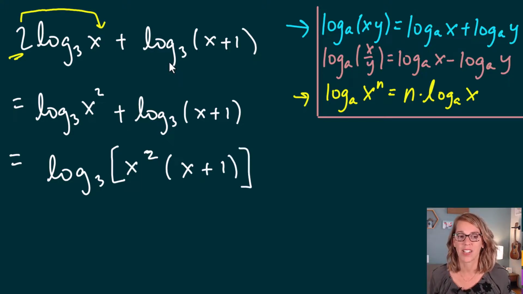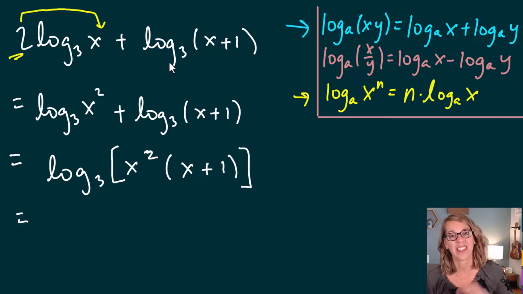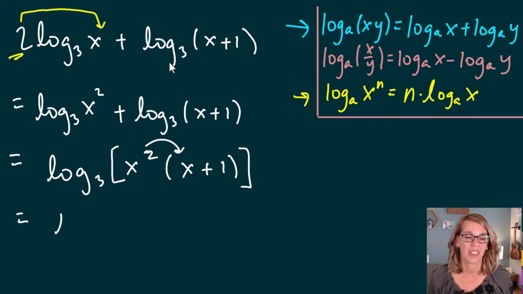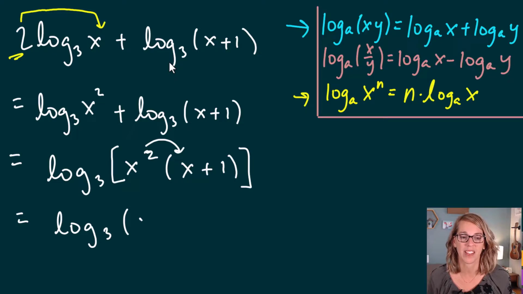Now we're simplifying, so let's continue to simplify this. There's only one more step that I can take, and that's to distribute the x squared through inside those parentheses. So my final answer is going to look like this. Log base 3 of x squared times x is x cubed. X squared times 1 is x.